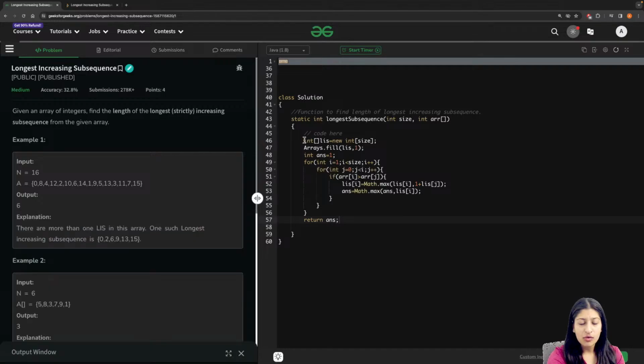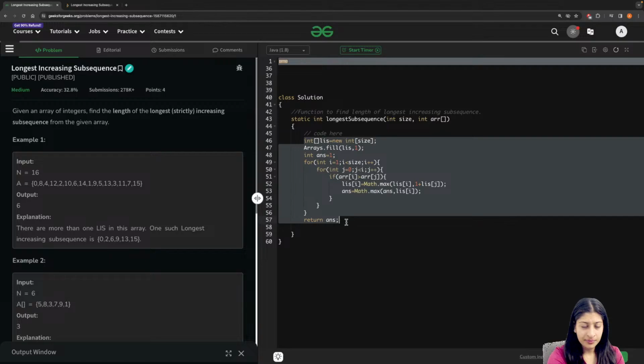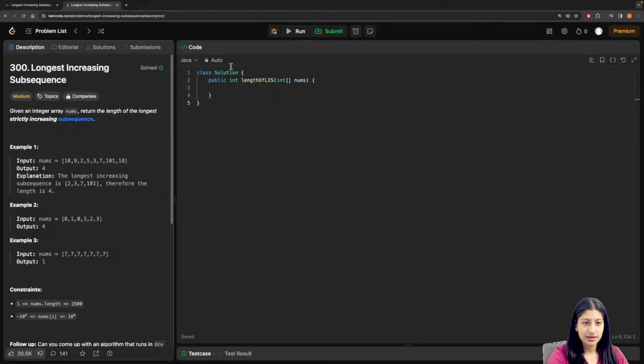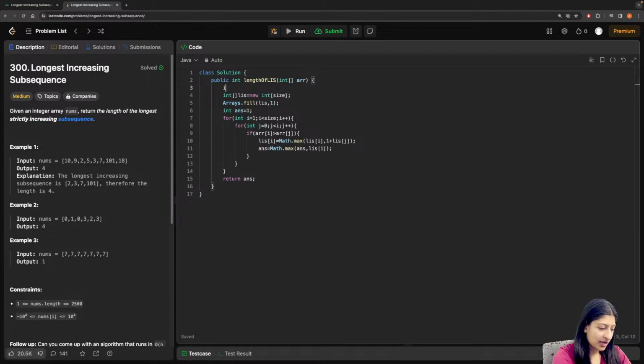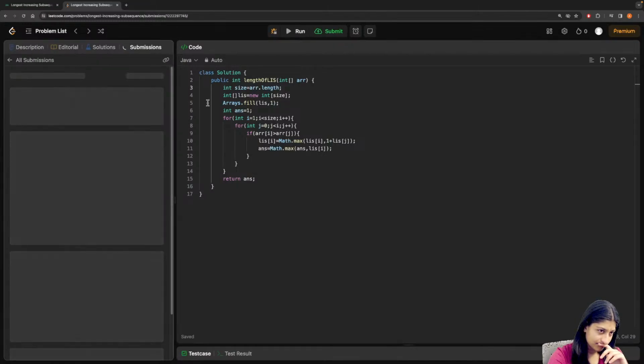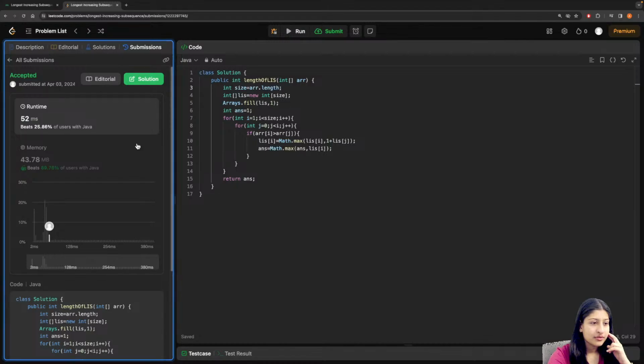Now just to assure you, I paste this same solution in this LeetCode problem, and let me make a few changes. This nums I'll convert to ARR because you have used ARR, and their size was already given in your function. I'll just define it here, int size equal to ARR.length. Okay, let's see. Fine, so this is an accepted solution here.